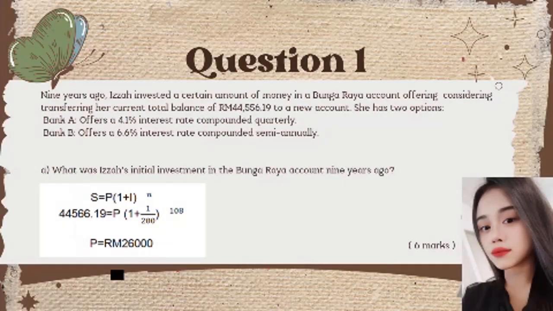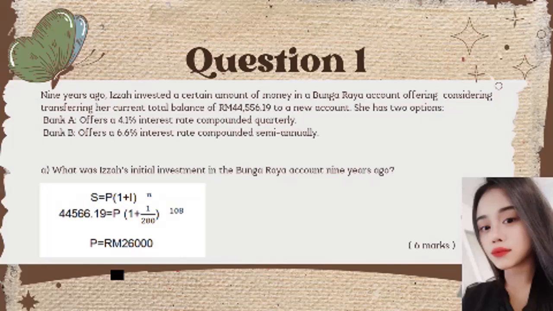Question 1A. 9 years ago, Izzah invested a certain amount of money in a Bunga Raya account offering a 6% interest rate compounded monthly. As of the beginning of the year 2024, she is considering transferring her current total balance of 44,556 ringgit 90 cents to a new account.